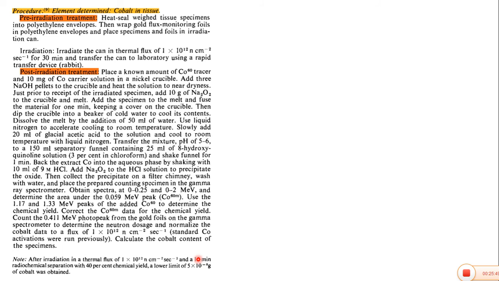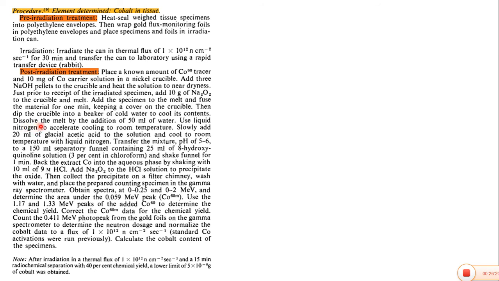Add the specimen to the melt and fuse the material for 1 minute, keeping a cover on the crucible. Then dip the crucible into a beaker of cold water to cool its contents.